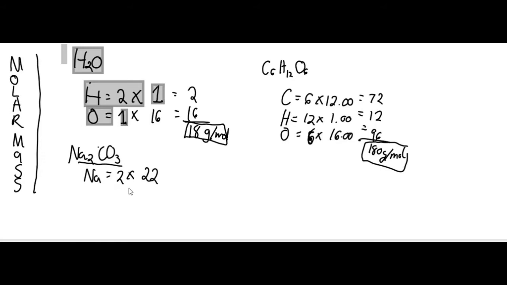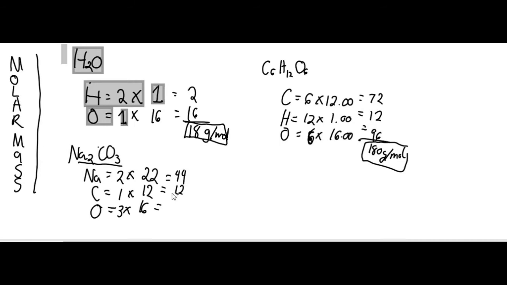And then we have one carbon, which is 12. And then we have 3 oxygen, which is 3 times 16. Now, let's multiply all of them. So, 2 times 22 is 44. 12.